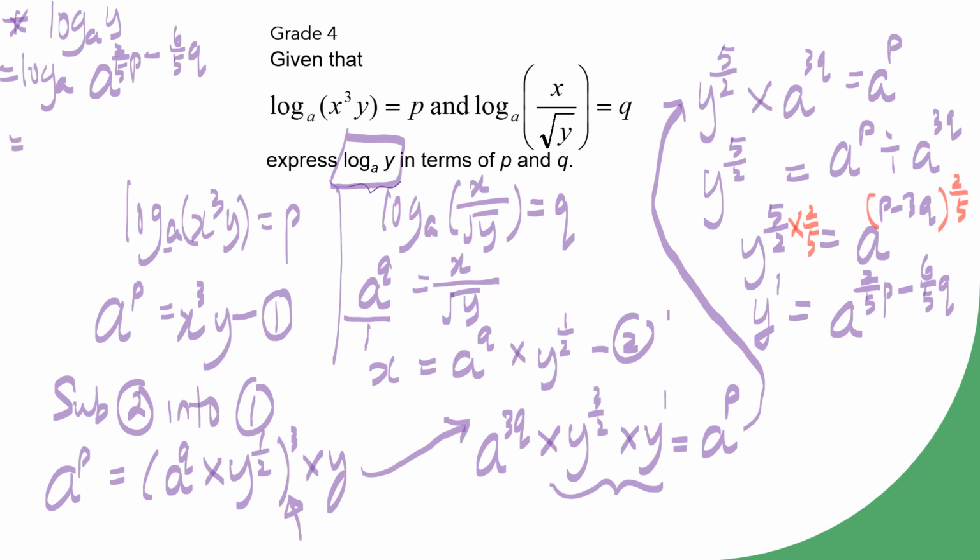I can apply the power law, right? So I can just bring it down to the front. And I'll end up getting log a base a. And what is log a base a? That will give me 1. So then your answer will be 2/5 p minus 6/5 q. Okay, that will be your answer.